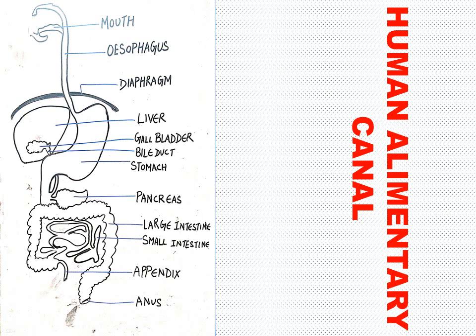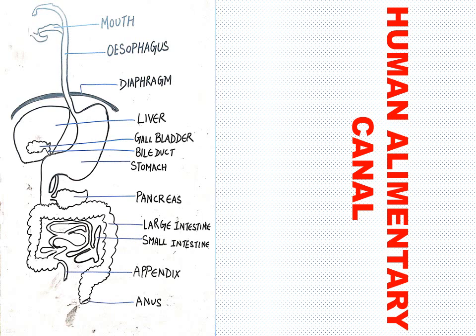We'll study in this chapter. First we start with the mouth, then we have the esophagus, commonly known as the food pipe, then the diaphragm, liver, gallbladder, bile duct, stomach, that is the muscular bag, pancreas, large intestine, small intestine, appendix and anus.